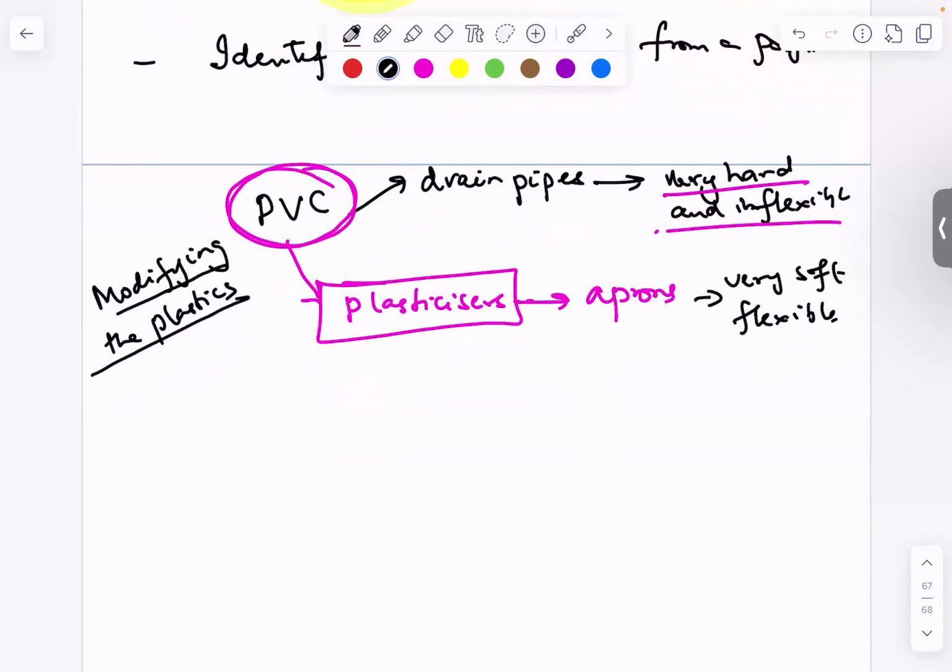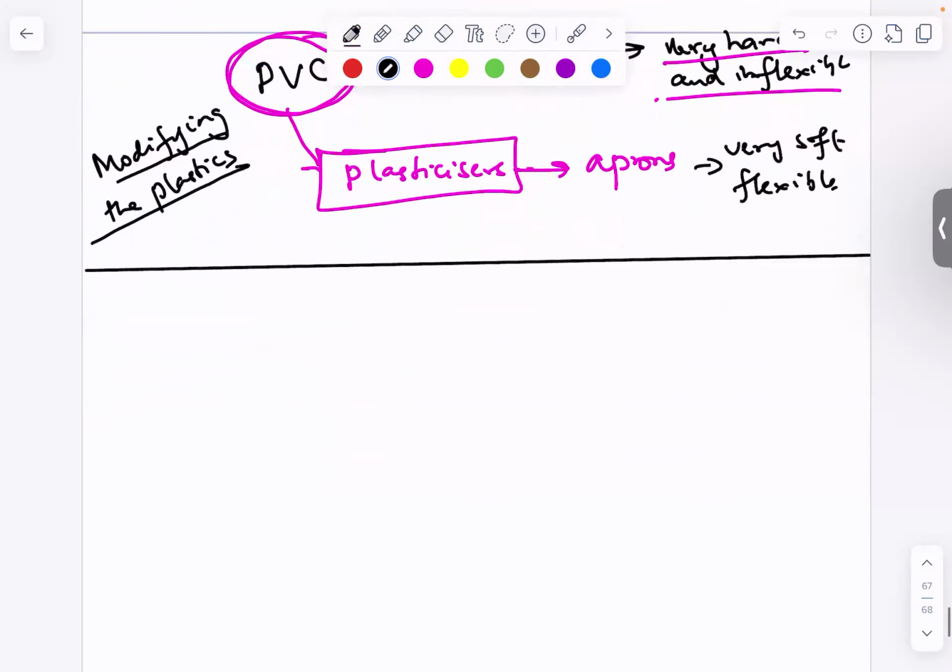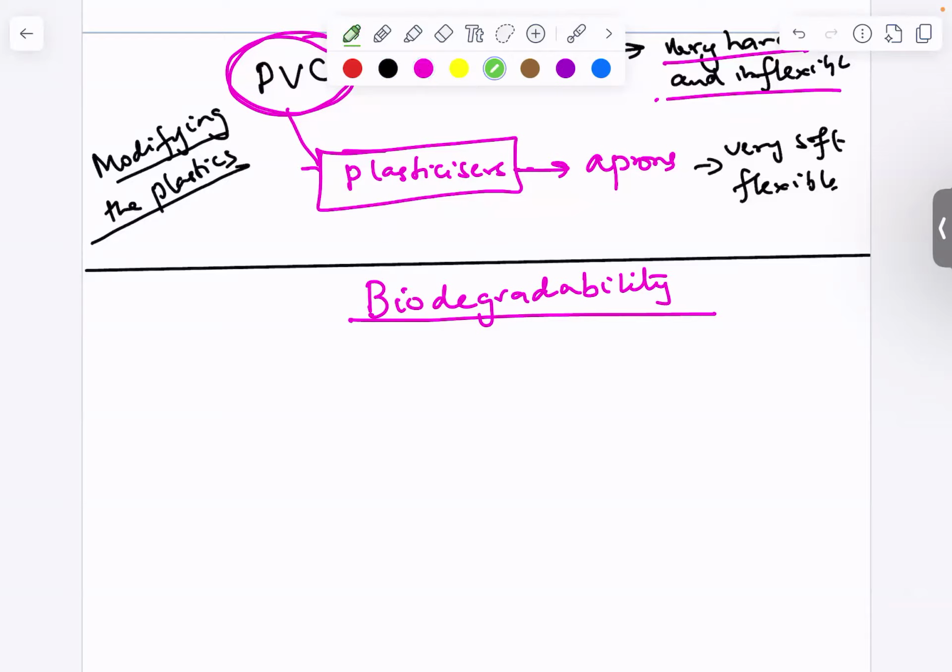Yeah. All right. Any confusion, beta? No. All right, fine. So biodegradability. What do you understand by this word, Zena? What? Not. I can help you by doing like this: biodegradable.